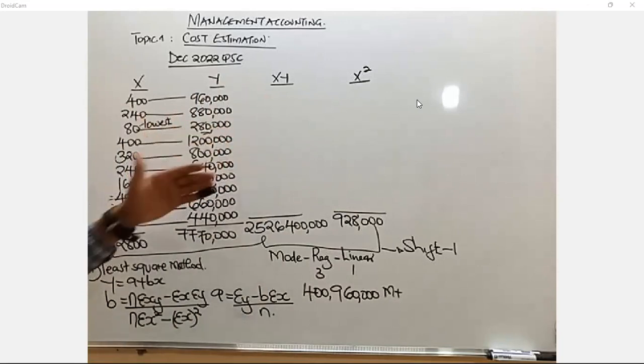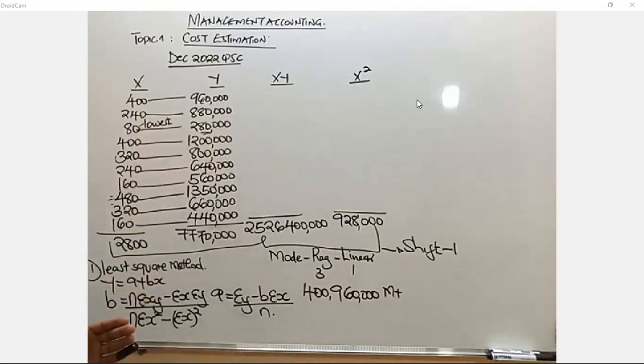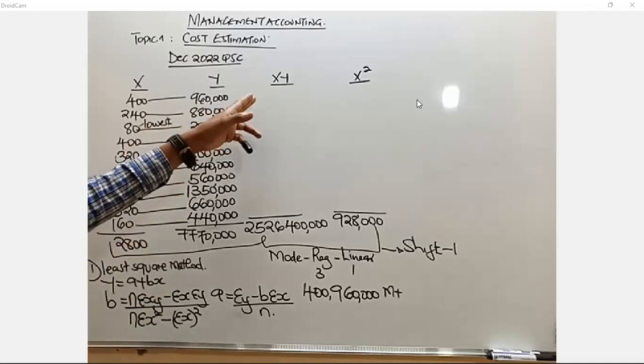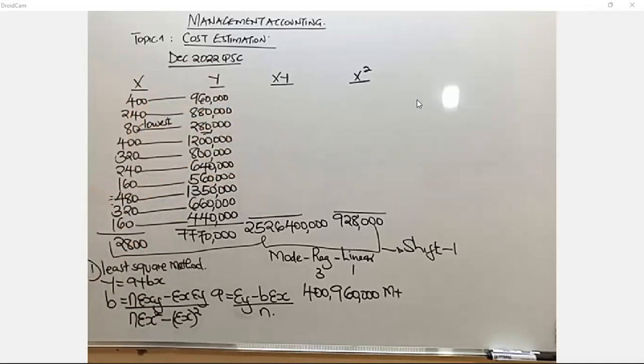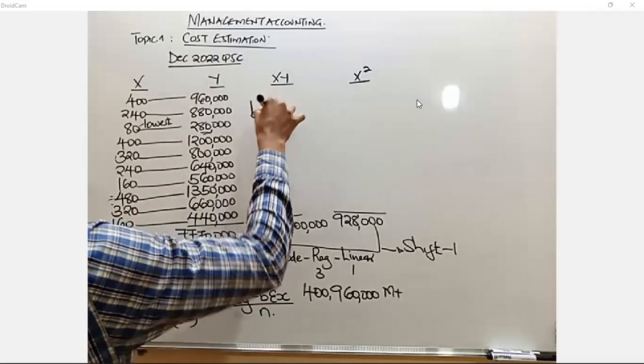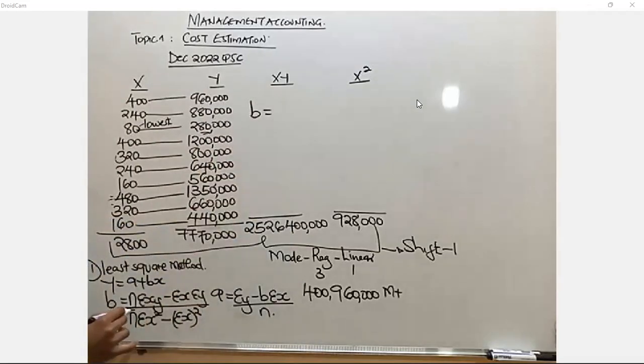But I normally encourage my students to have a lot of speed when they are doing their exam, and I also encourage you to have the same speed, so that you have enough time to finalize. So for example, to get my B here, you know very well that we got our N as 10.